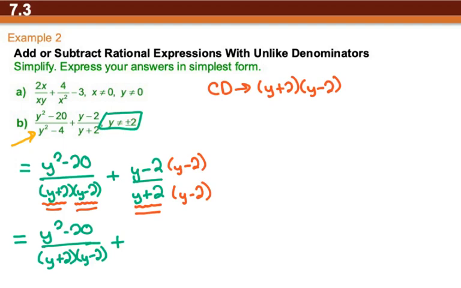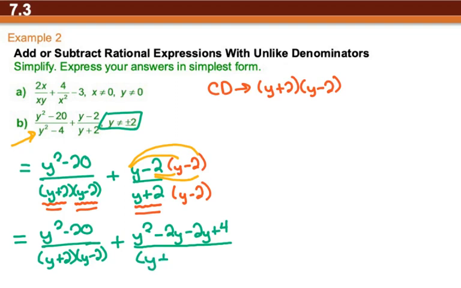So we will need to FOIL: y times y, y times negative 2, negative 2 times y, and negative 2 times negative 2, which will give us y squared minus 2y minus 2y again plus 4, all over y plus 2, y minus 2.